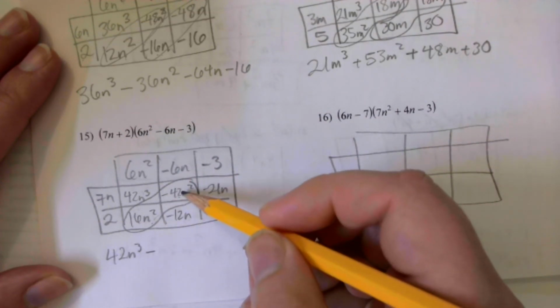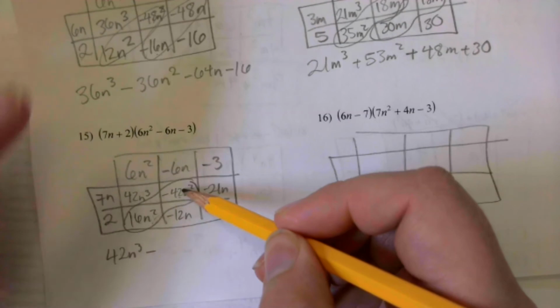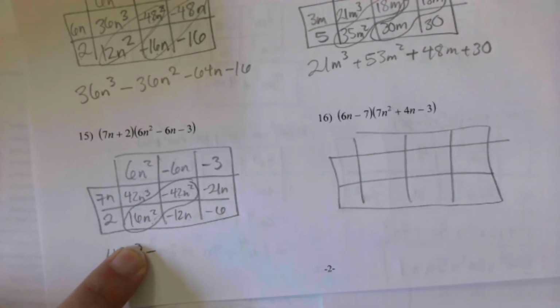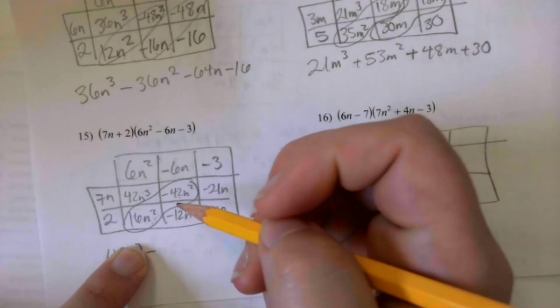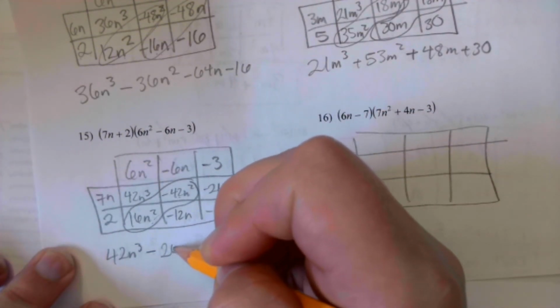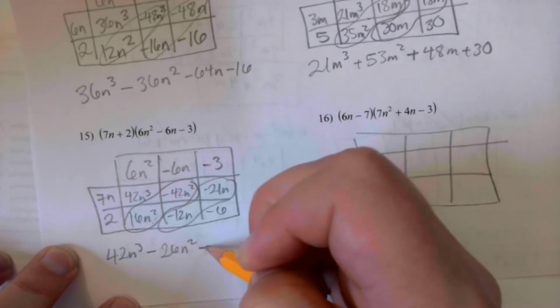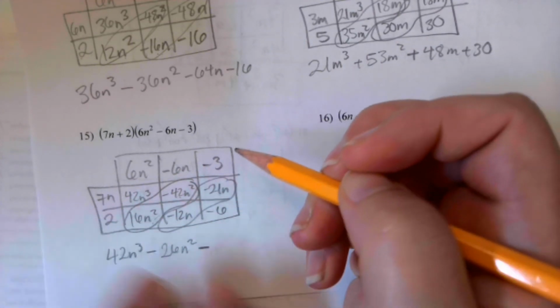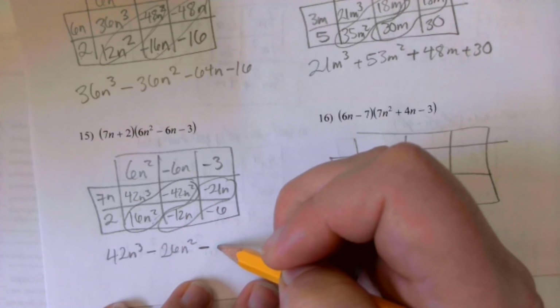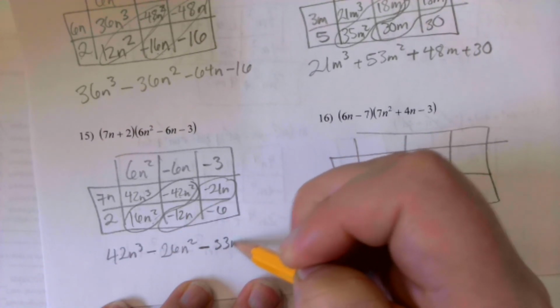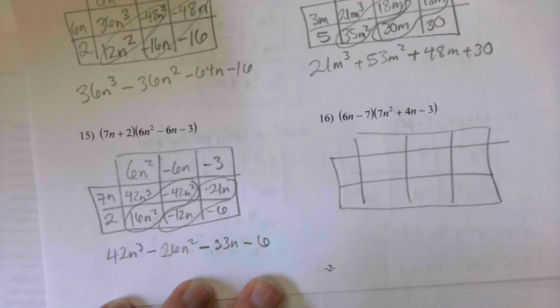We kept the negative because the 42 is bigger. 42 take away 16, 26n squared. 2 negatives stays negative, but they add. 33, right? Yeah, 33. Minus 6.